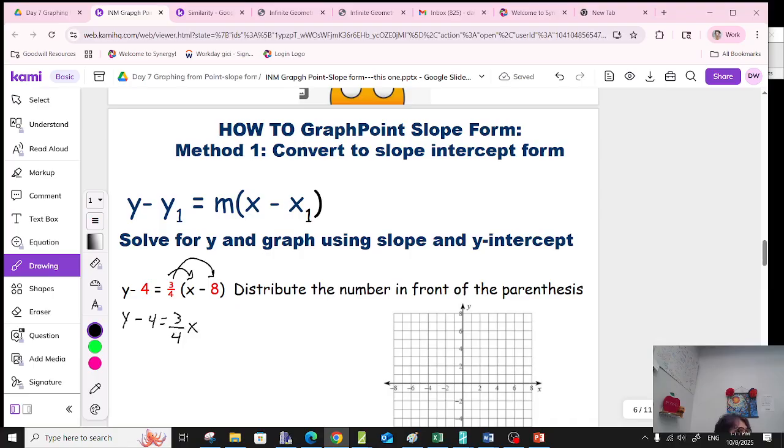Now, your calculator can do fractions, right? If you're using your calculator to do the fractions, you'd put 3, A B/C, 4, and then you'd multiply 8, and then you get that answer.